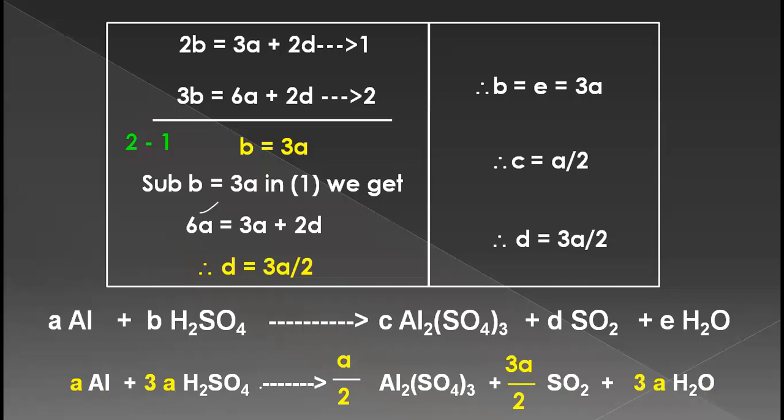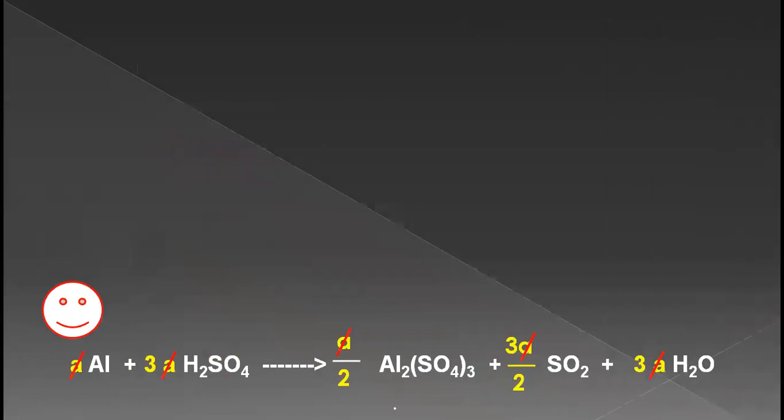You can see A is common in all the terms. So let me divide all the reactants and products by A to cancel it. There is no need of showing the division, so we can just literally cancel. So after cancelling, we have 1 Al, 3 H2SO4, 1 by 2 Al2(SO4)3, 3 by 2 SO2 plus 3 H2O.